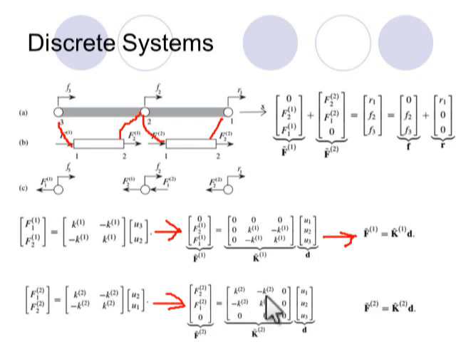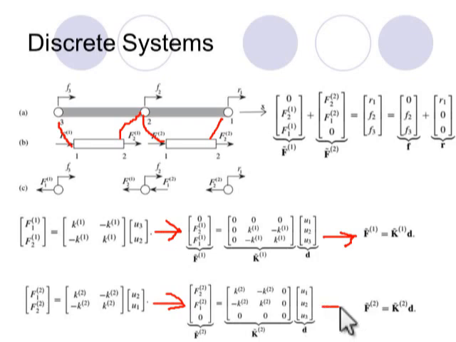Then I have the stiffness matrix, which is written according to the global system, and then this will be multiplied by the nodal values in the global system.